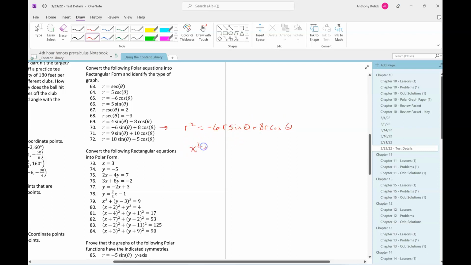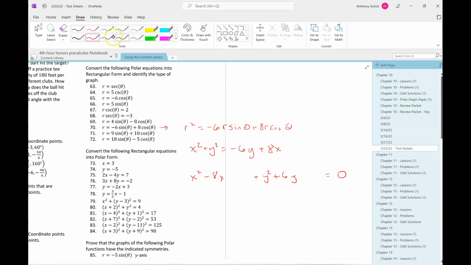R squared is x squared plus y squared. R sine is y, and r cosine is x. Now move everything onto one side. So far, so good. And then we'll complete the square.